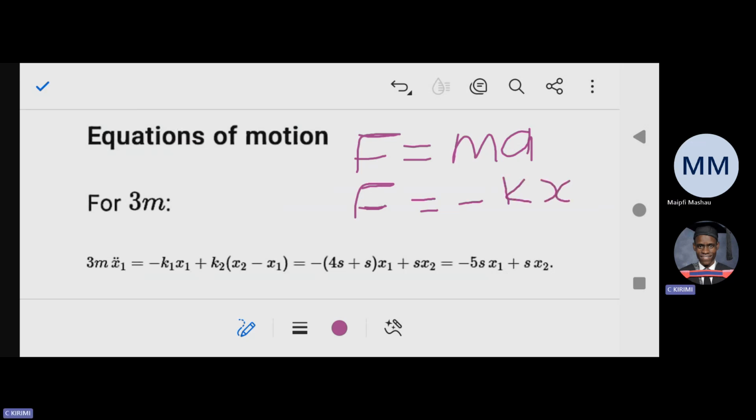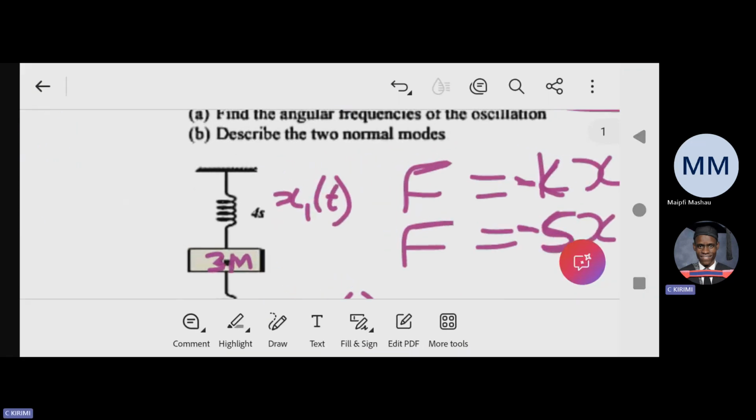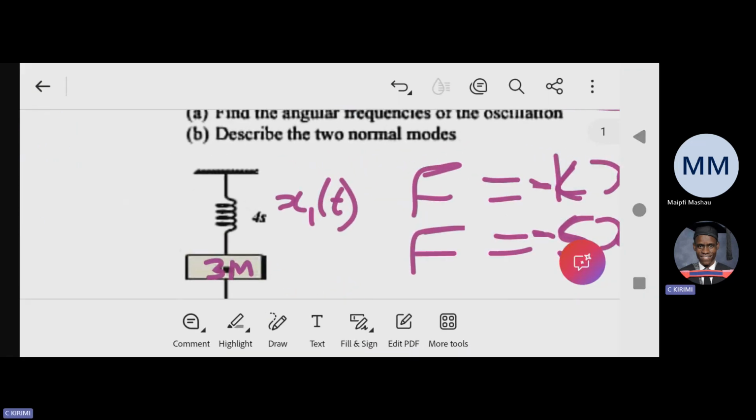But now we are being specific. The spring constant for the first mass will be k1, and the displacement for the 3m block is going to be x1. All right, let's check our diagram so that we are clear. If I want the restoring force here, from Newton's second law, force is equal to mass times acceleration.